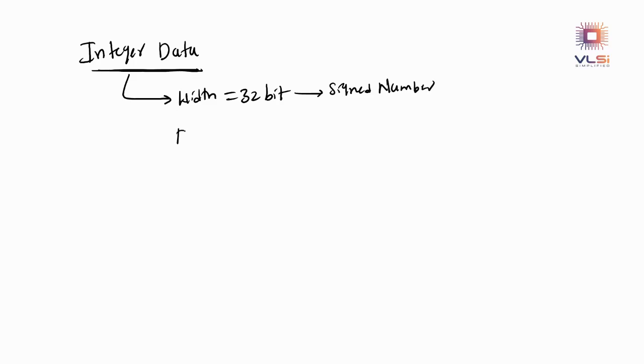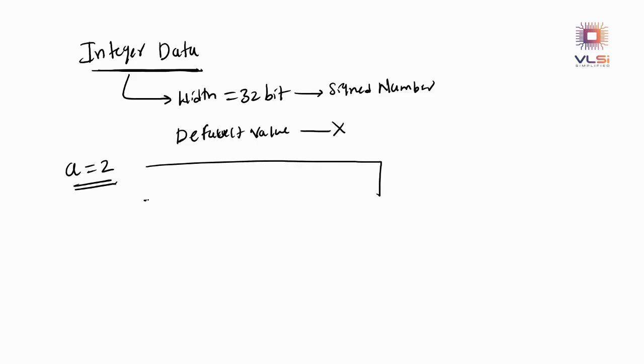What is the default value? The default value is x, unknown. Suppose you are giving a the value 2, so integer a equals 2. It will store 0 0 0 up to so on, how many bits?